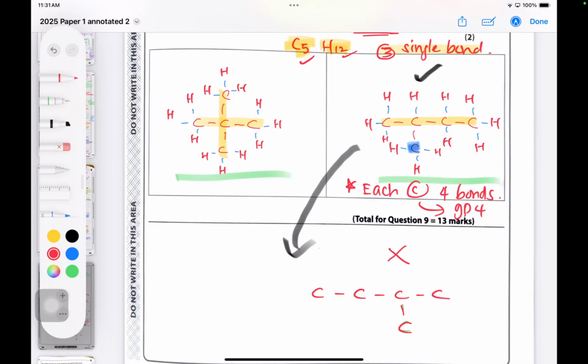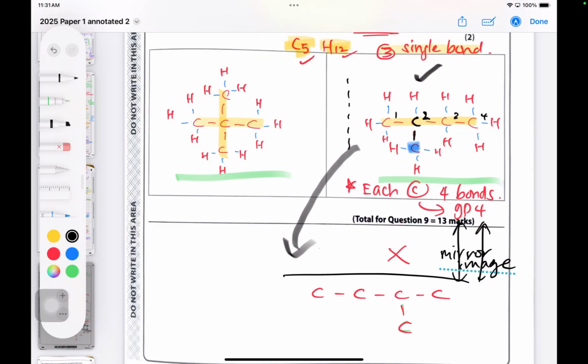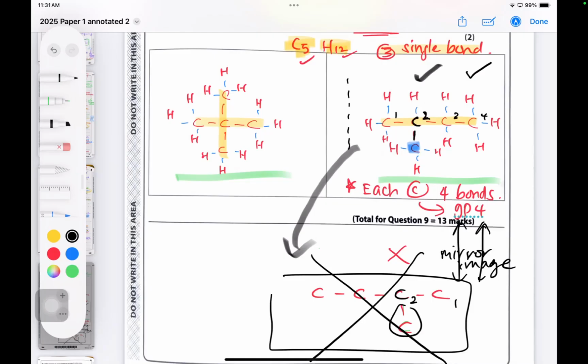It's because if I were to label my C's, this would be C number 1, 2, 3, 4, and at the second C, there's an extension out. Now these two are essentially just mirror images of each other. So what this means is if I were to put a mirror over here, I will actually have the exact same molecule that I see here. So C number 1 and C number 2, and at C number 2, you get this extension outwards. So if you have drawn this as an isomer, please take note, do not draw the one at the bottom because they are essentially the same molecule.